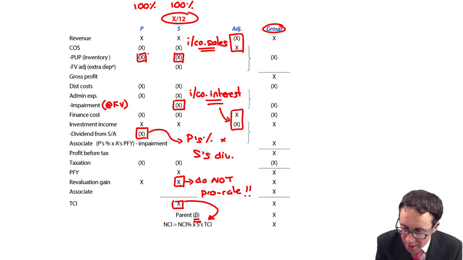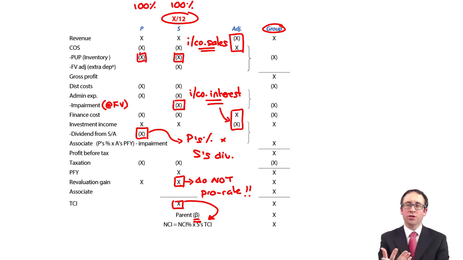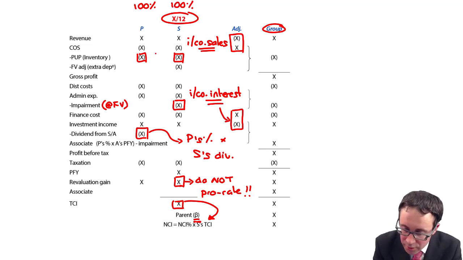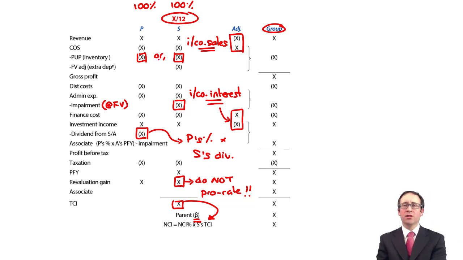It's in brackets as it is increasing the cost of sales, and the cost of sales is a bracketed figure, and it will either be in the parent's column if the parent is the seller, or the subsidiary's column if S is the seller. If S is the seller, we make the adjustment in S's column, and that will obviously then feed down into S's profits and therefore into the non-controlling interest.